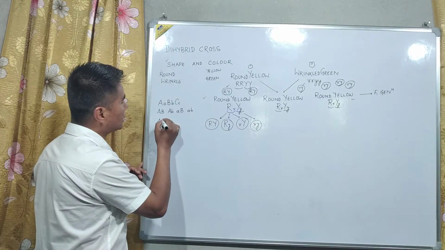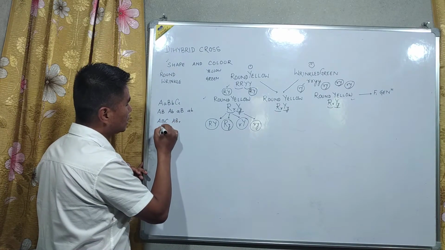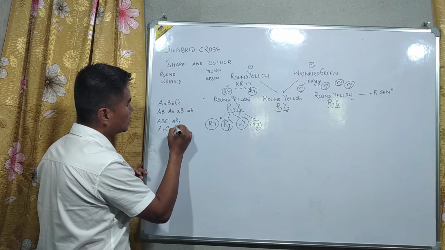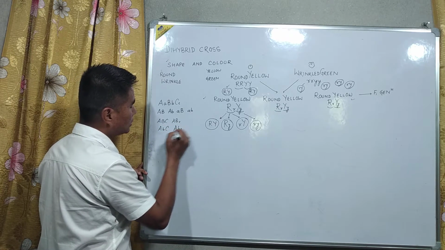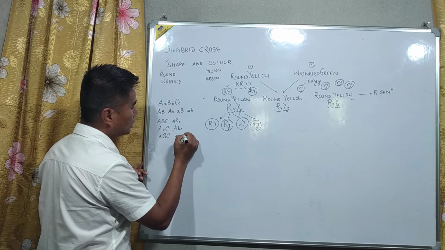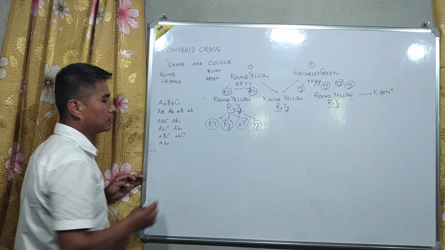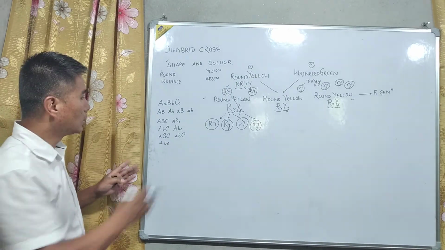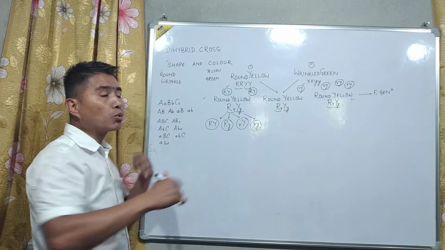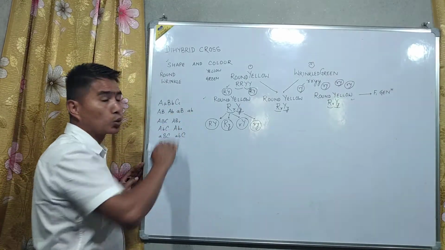It can be ABC, ABC, and more can be there. Got my point? So that means it's all about what gamete combinations can be there, satisfying or fulfilling the rule.